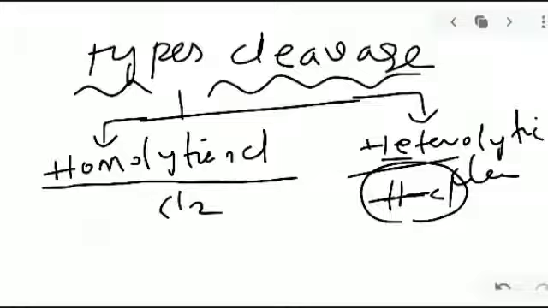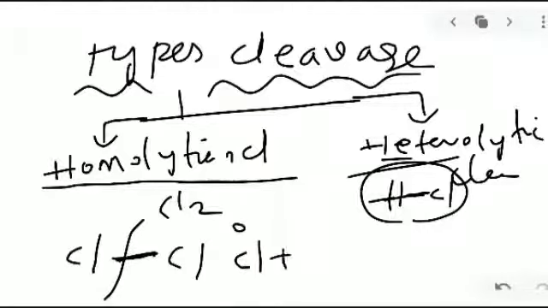Here first one is chlorine, with a structure like this. Both are electronegative elements, so both are the same. So homolytic cleavage takes place like this: here an electron, here an electron. So it breaks itself to produce free radicals, Cl and Cl.